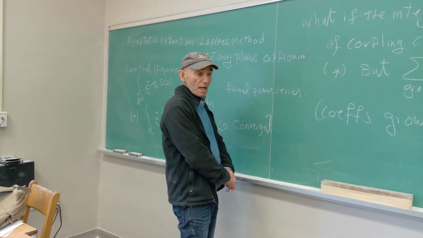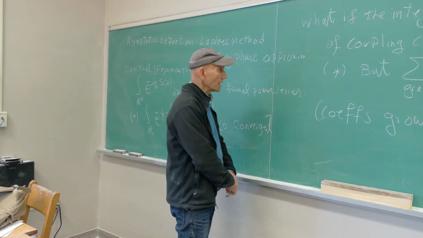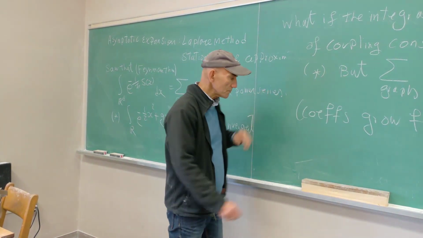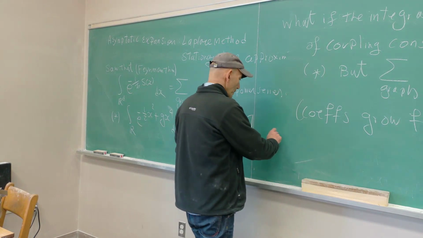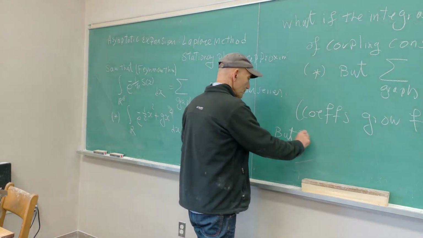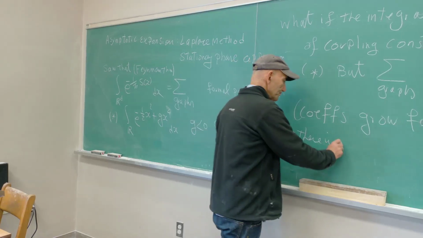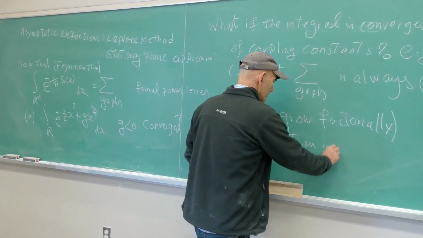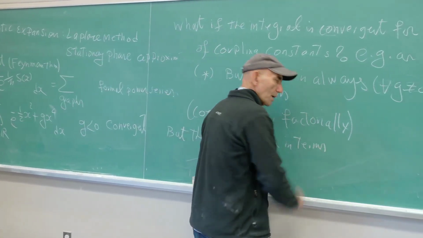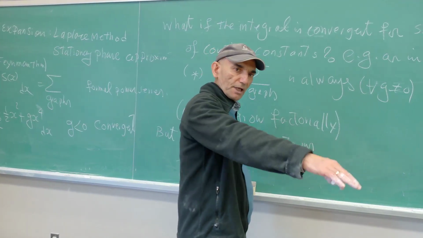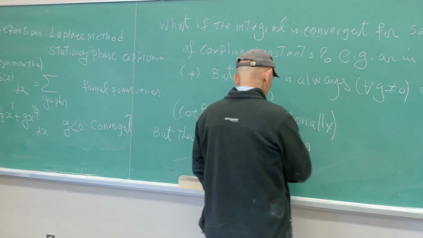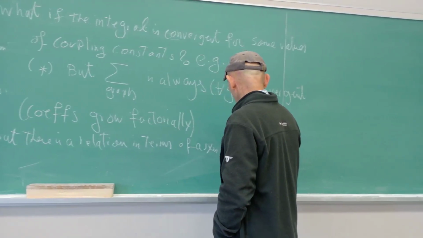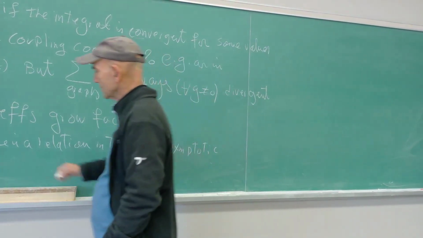But there is a relation, and the relation is that this thing is the asymptotic expansion of this one. There is a relation, not in terms of summing a series, but in terms of asymptotic expansions.